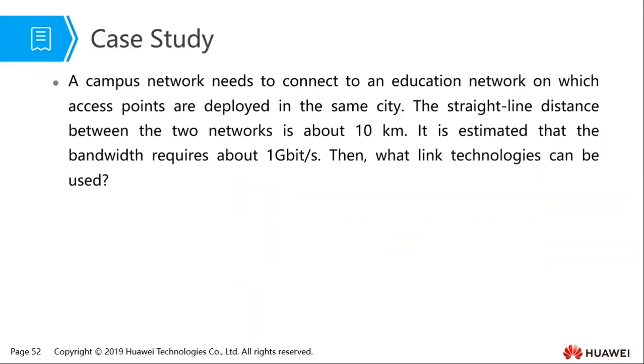So the straight line distance between the two networks is about 10 kilometers. So it is estimated that the bandwidth required is about 1 gigabit per second. So which link technology can give us 1 gigabit per second and span over 10 kilometers?